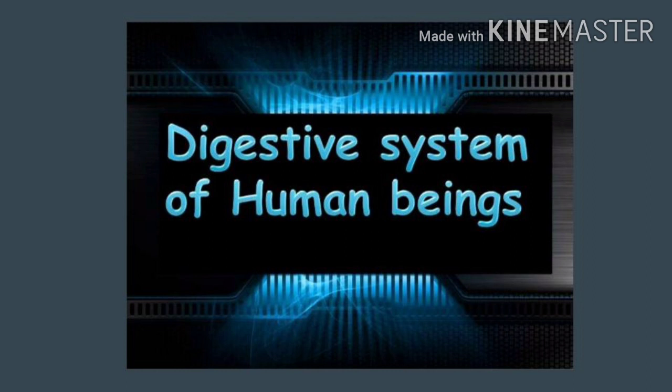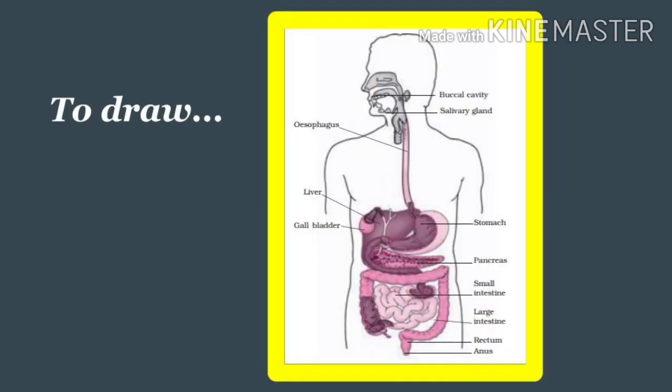So we'll start off with the digestive system of human beings. Write that definition in your copy. To start things off, you will first of all be drawing a neat and clean labeled diagram of the human alimentary canal. So draw this diagram in your copy, then we'll go through each and every part slowly.